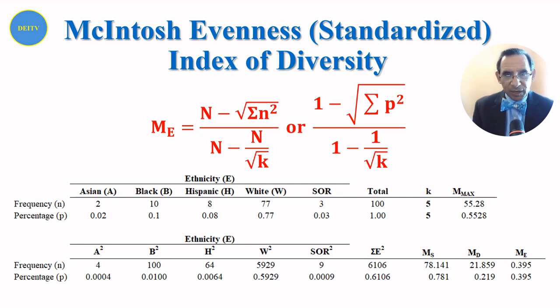And you're going to divide that by the maximum value, and again that's represented by big N, the total number of individuals in the group, minus the total number of individuals in the group divided by the square root of the number of categories.